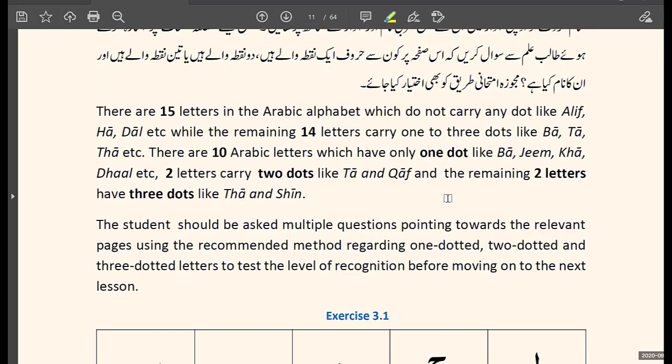The student should be asked multiple questions pointing towards the relevant page using the recommended method regarding 1 dotted, 2 dotted, and 3 dotted letters to test the level of recognition before moving on to the next lesson.